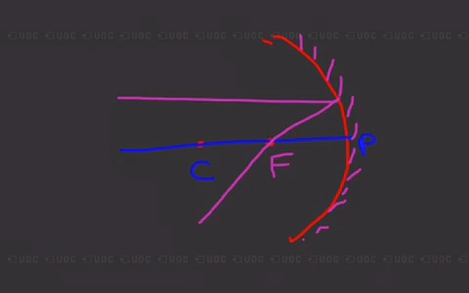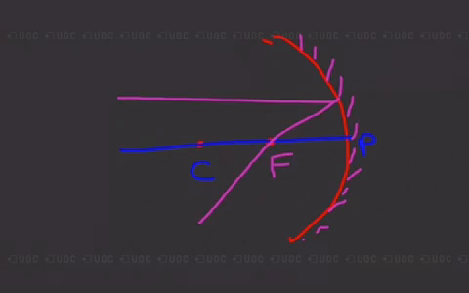We have seen what the focus is. So whenever the incident ray is parallel to the principal axis, the reflected ray invariably passes through the focus. Alright?